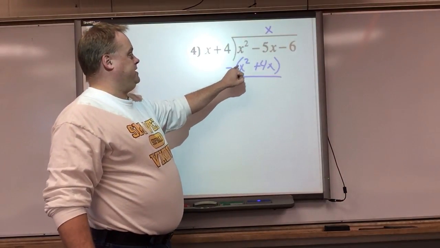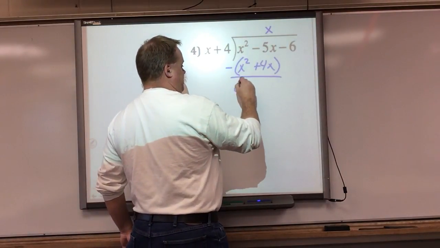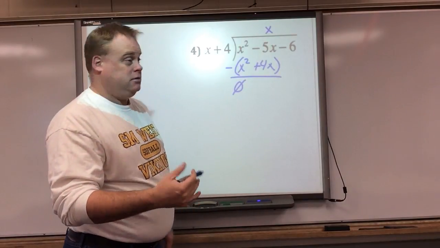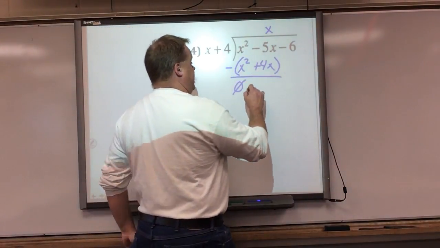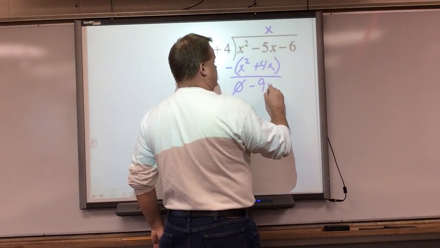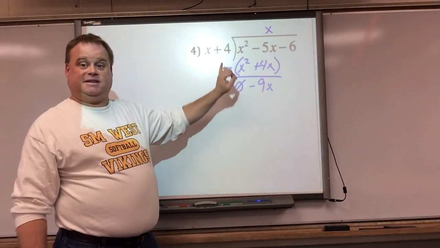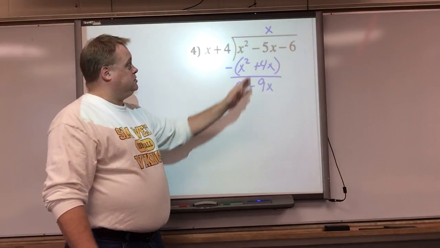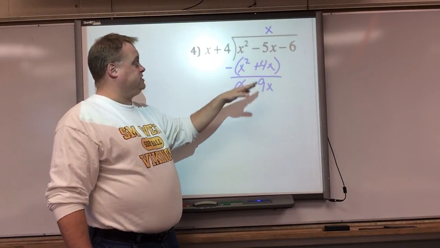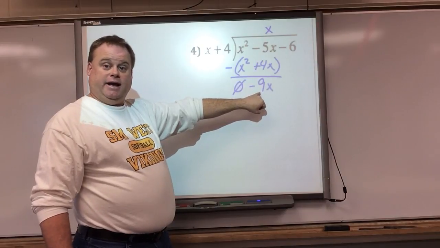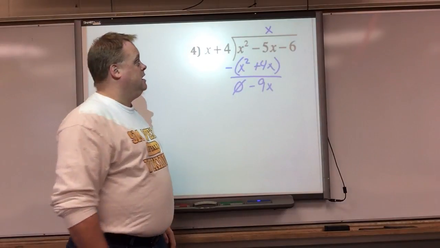X squared minus x squared is nothing, as we expected. Negative 5x minus 4x becomes negative 9x. Remember, the signs change inside, right? So negative 5x minus 4x is a negative 9x.